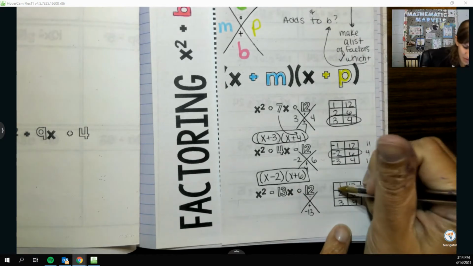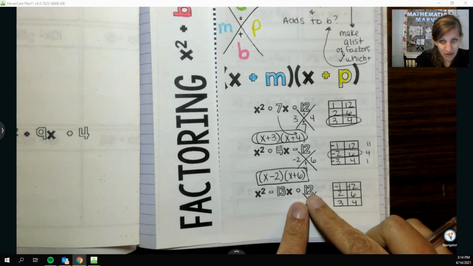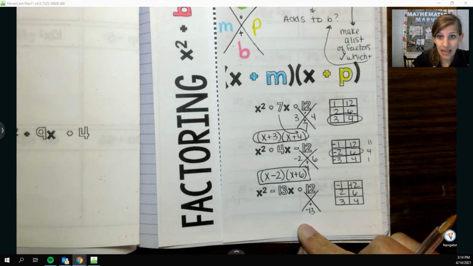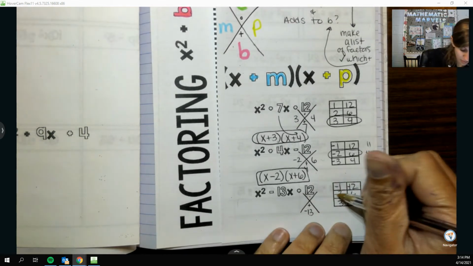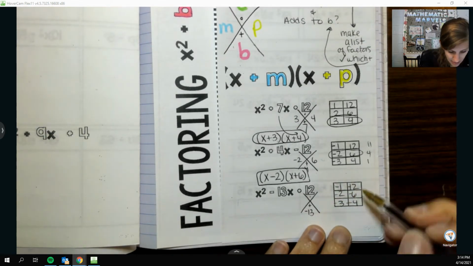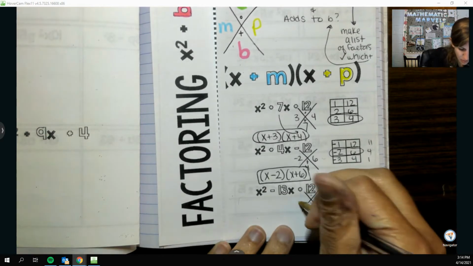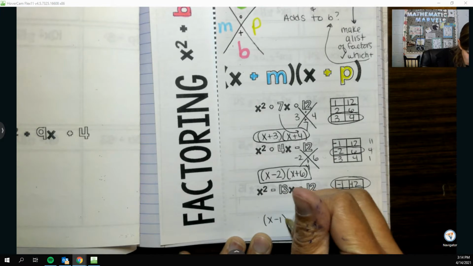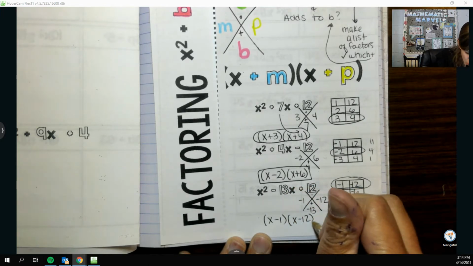So that means both of these have to be negative because it has to multiply to a positive, but then add to a negative. So if I go through and add these all up, the ones that get me negative 13 are negative 1 and negative 12. So we'll have x minus 1, x minus 12.